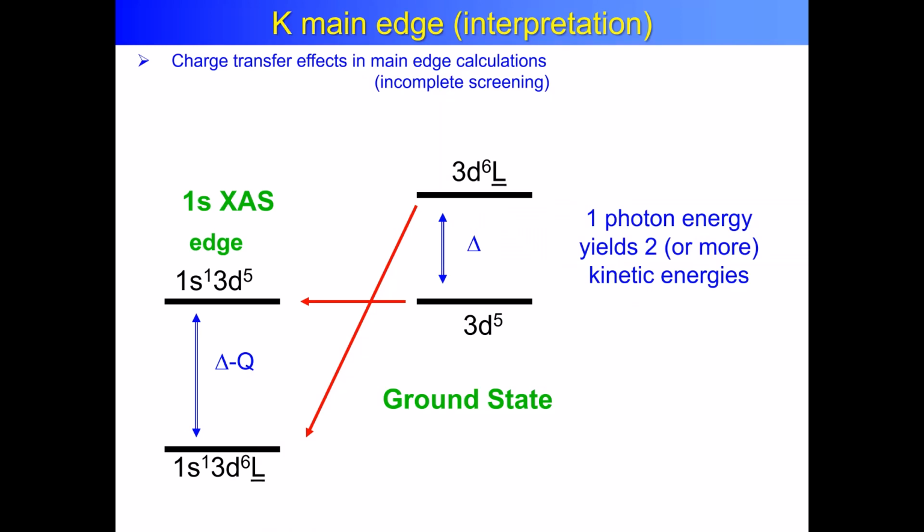In the final state of 1s X-ray absorption, the d6 ligand hole state is pulled down below the 1s1 d5 state. So you find two peaks, or actually, for the analysis of the XPS spectra, you find many peaks. So one photon energy yields two or more electrons with different kinetic energies.